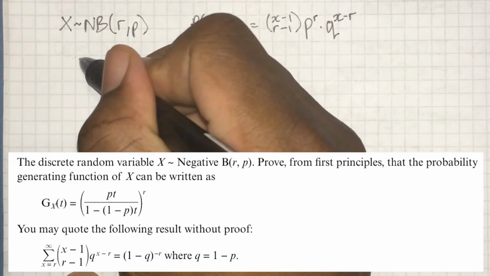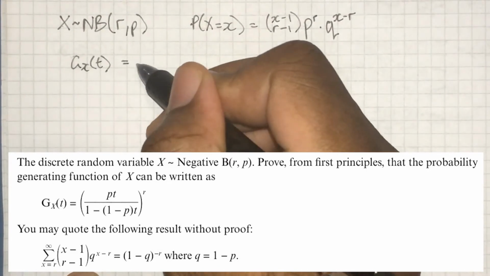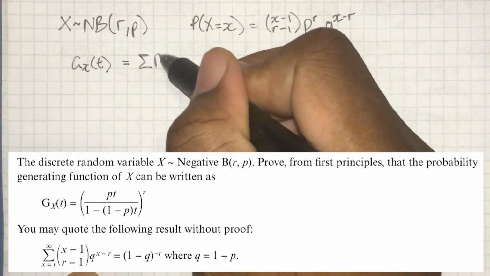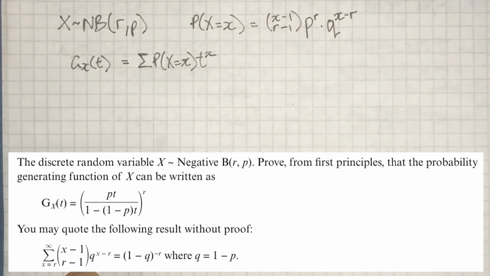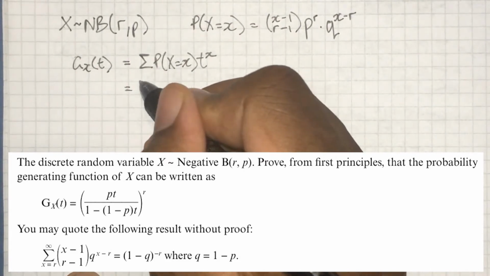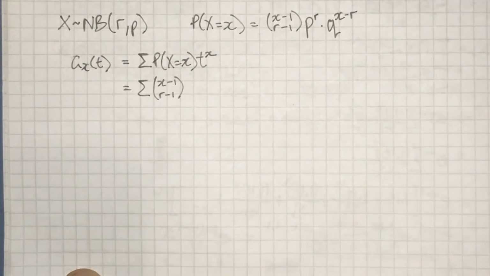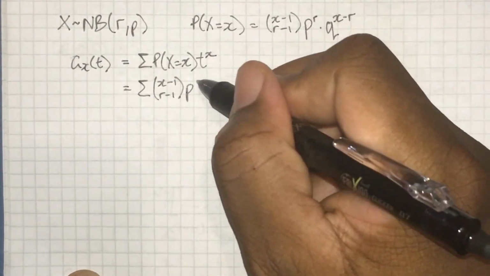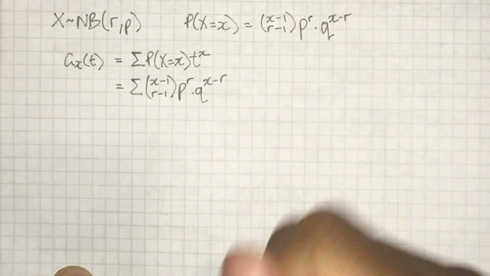The probability generating function is the sum of a probability multiplied by a dummy variable. Let's go ahead and substitute our generic probability function in and see where we can go from there.